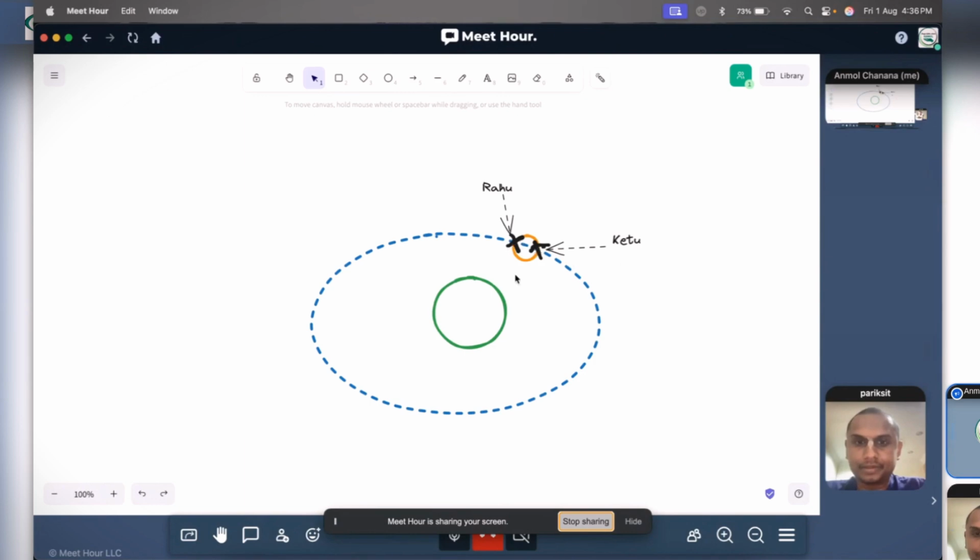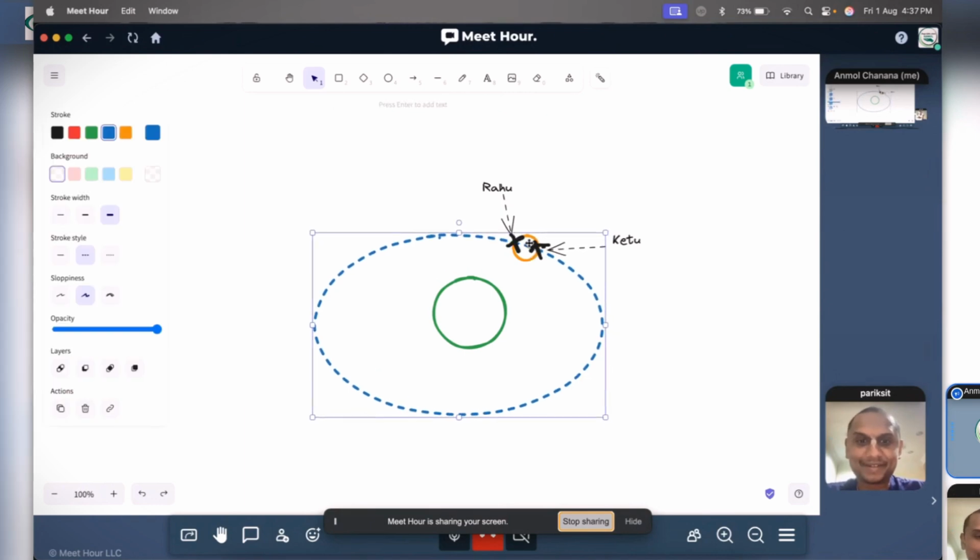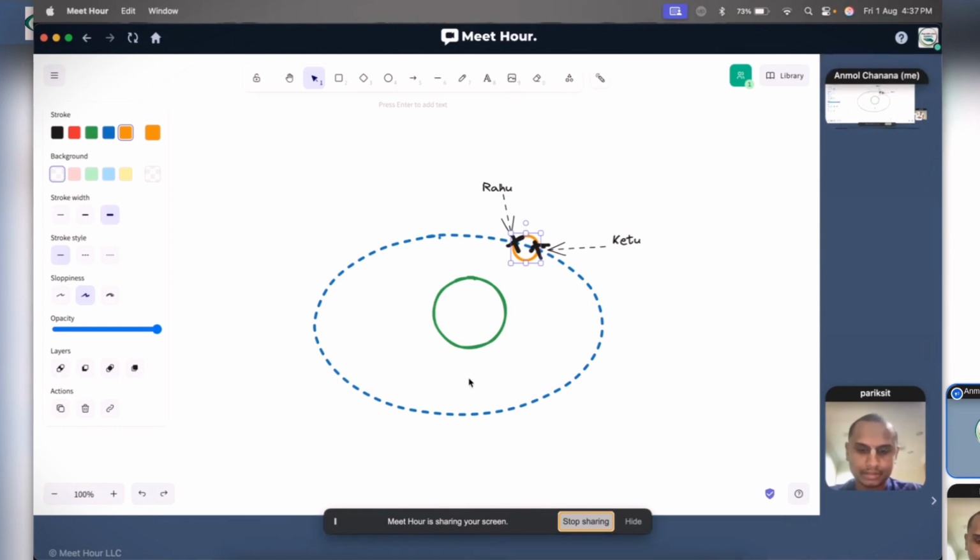The Moon could be here, and Rahu is here. Ketu can be here, but in the chart they both could be different.